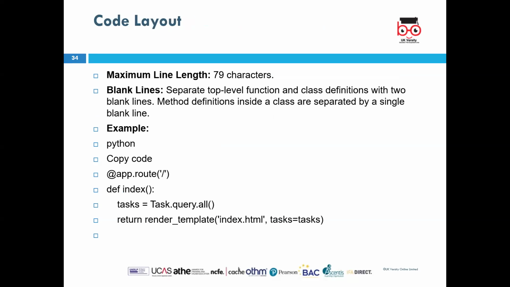Code layout. We have a maximum line length, which is 79 characters. Blank lines separate top-level function and class definitions with two blank lines. Method definitions inside a class are always separated by a single blank line.